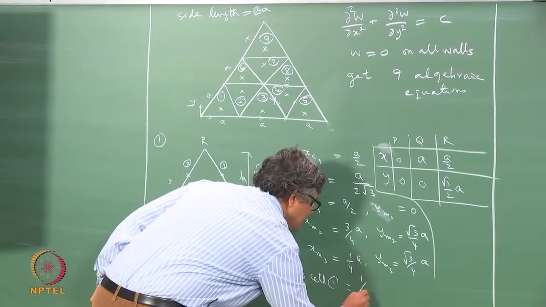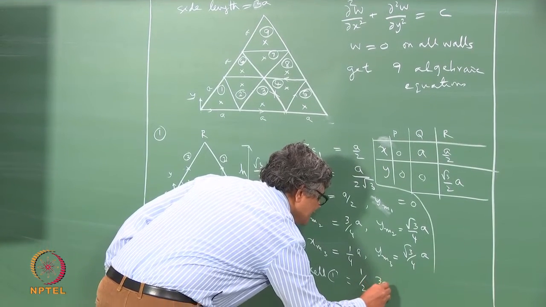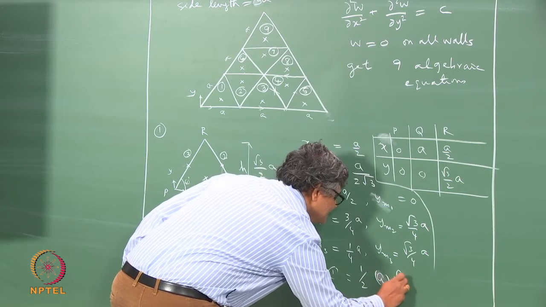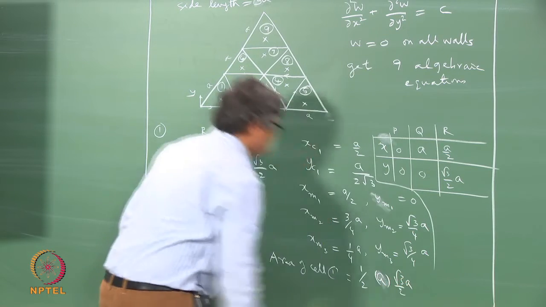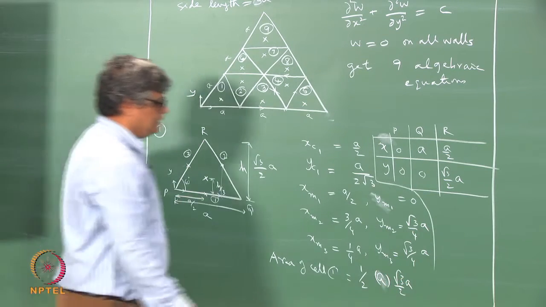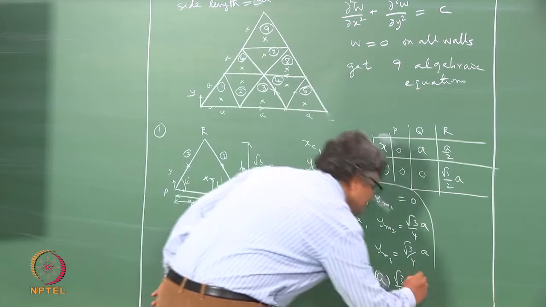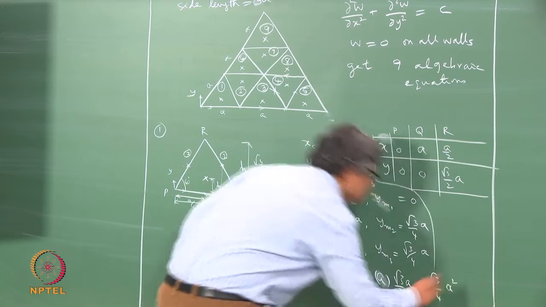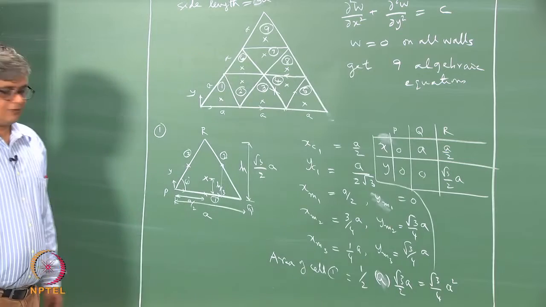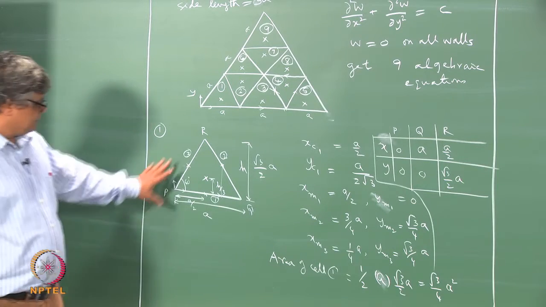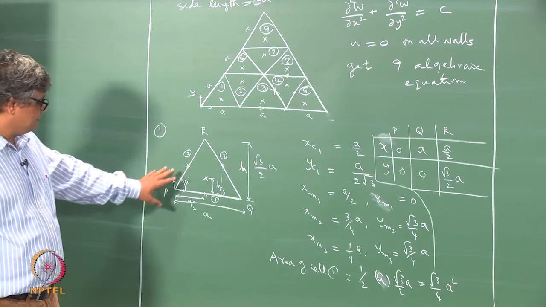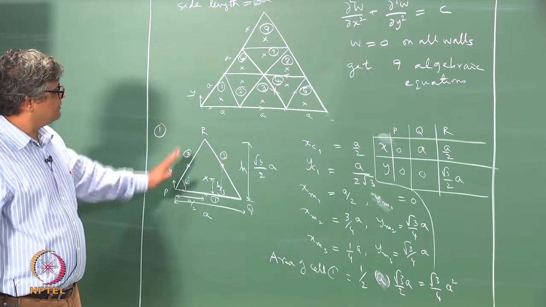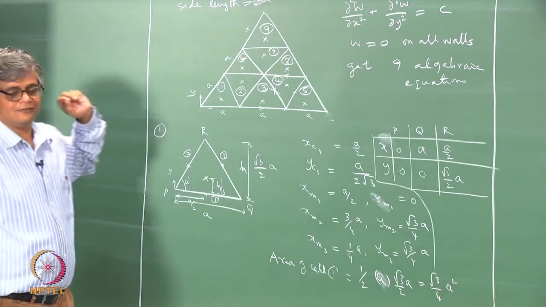So, the base is A here and the height is square root of 3 by 2 A. So, this is square root of 3 by 4 A square. So, for this particular cell, we have all the geometric information directly from the location of this cell with respect to everything else.